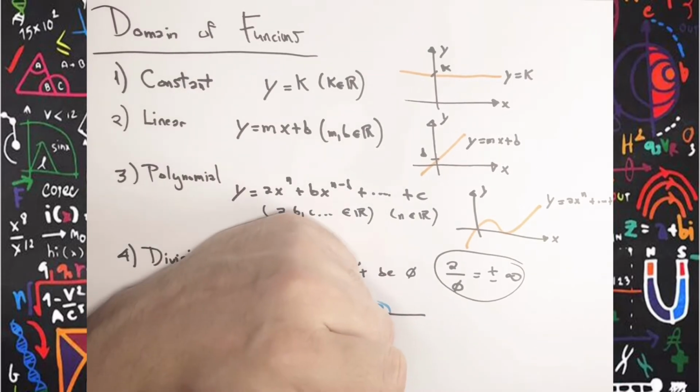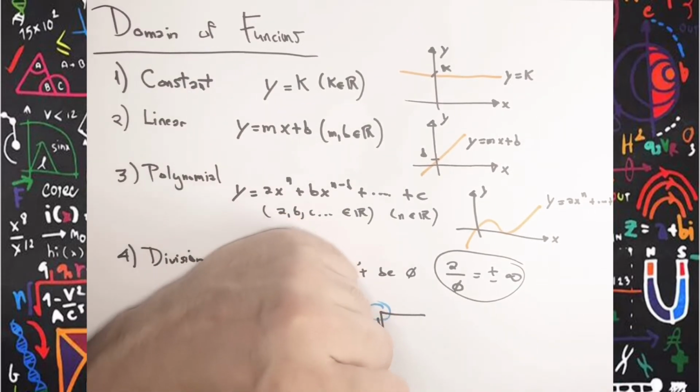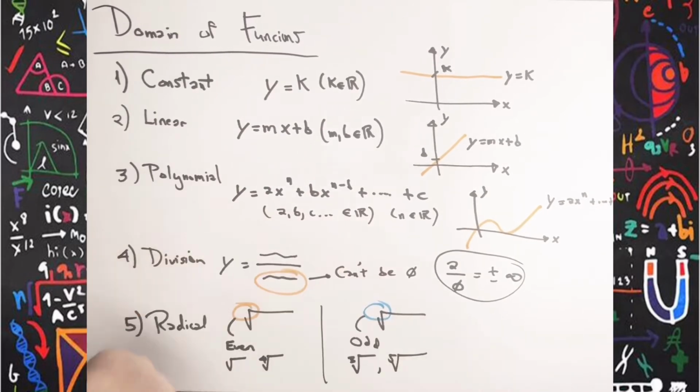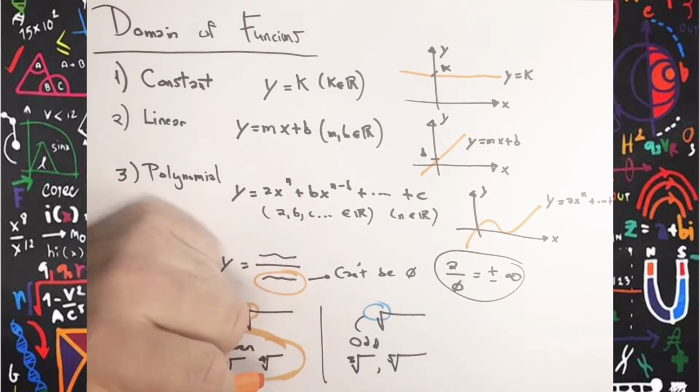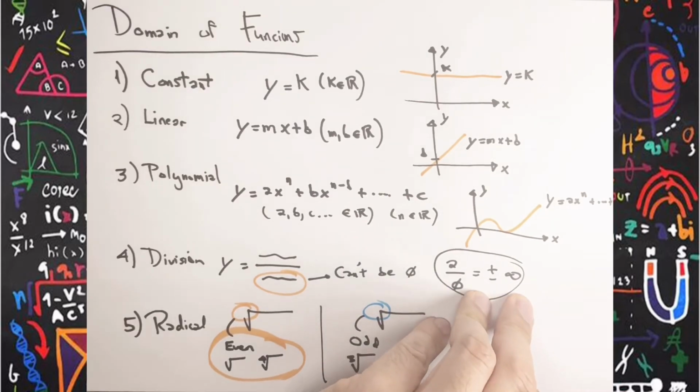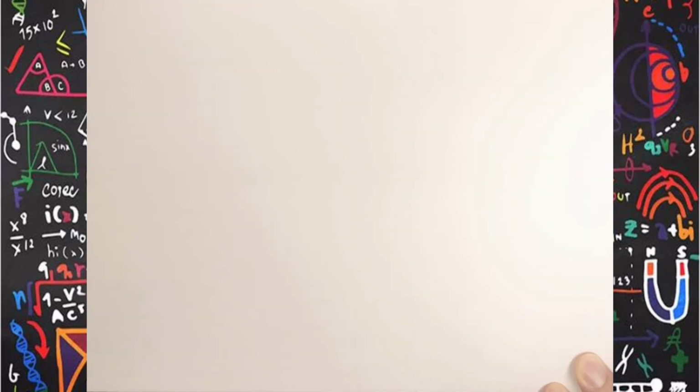Now, the issue of existence, or the restriction, only applies for even exponent roots. Why? Because we have to guarantee that what's inside the root has to be positive. There is no square root of negative numbers. There's no 4th root of negative numbers, and so forth. We're going to look more into this in the following exercises.